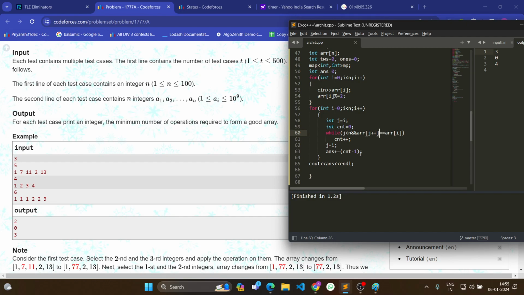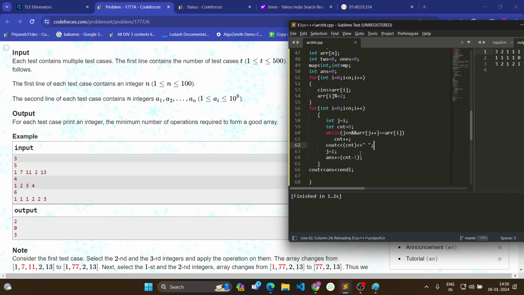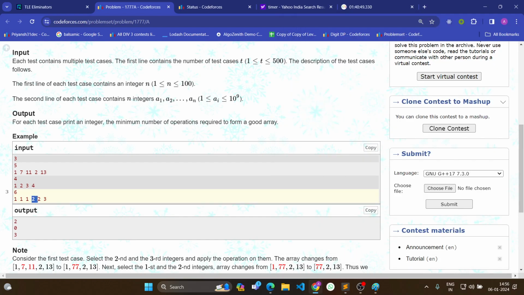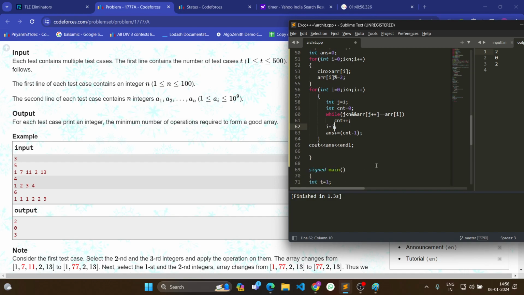अरे यार, I is equals to G. ये 3 है तो 2 ऑपरेशंस एंड 1 ऑपरेशन. एक मिनट.